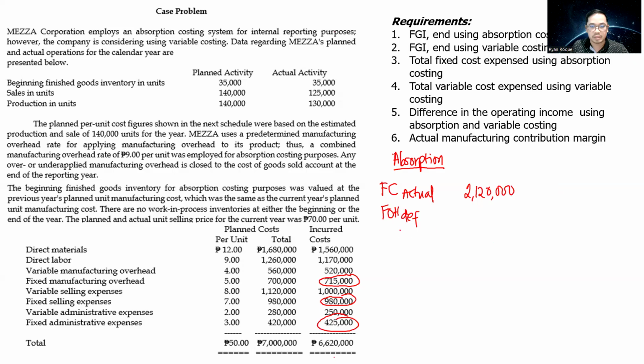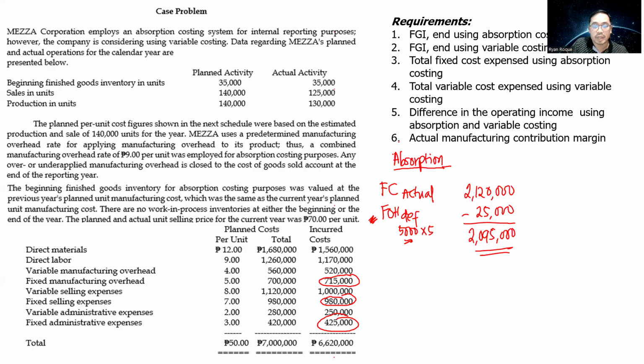For the FOH deferred, that would be for the 5,000 units at the end of the period times the 5 pesos of your FOH per unit, which is 25,000. So that would be 2,095,000. Because in absorption costing method, the FOH component would only be expensed when those units were sold. But since there are 5,000 left in the inventory, that would be deferred and deducted from the fixed cost expense during the period.